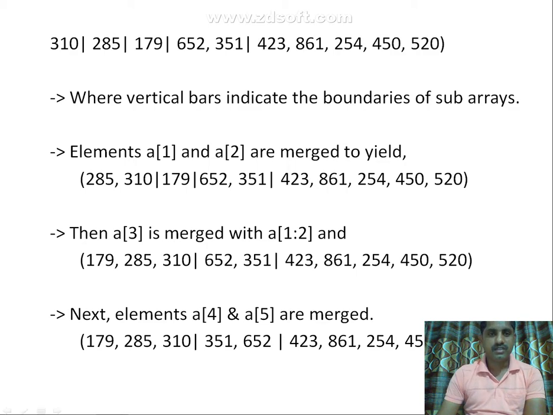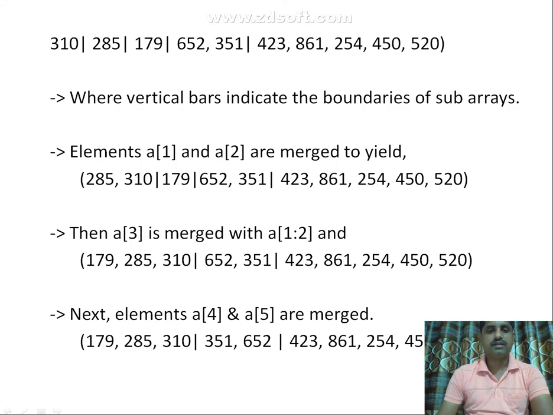Then A[3] is merged with A[1:2]. So A[1:2] is 285, 310 and 179. These are merged, and it will be combined as 179, 285, 310.